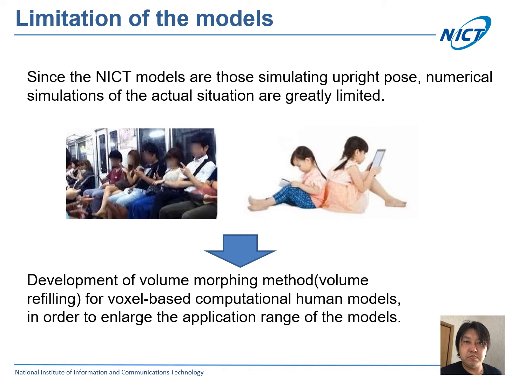The FDTD method, used for numerical dosimetry calculation, needs to divide the calculation models into cubical cells. Therefore, the voxel model is easy to use for the FDTD calculation.